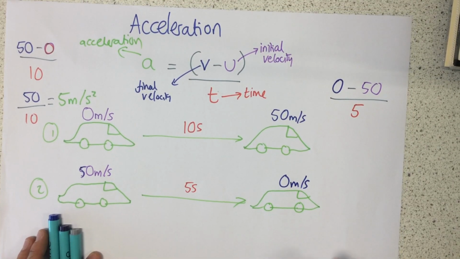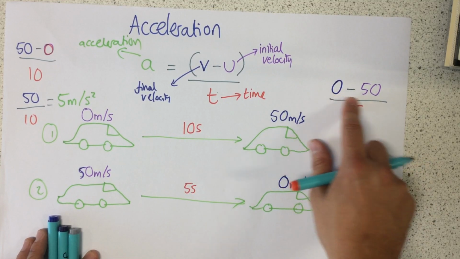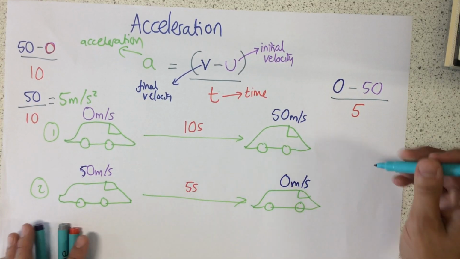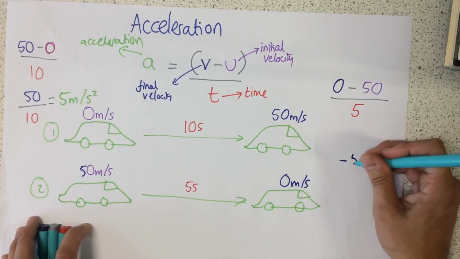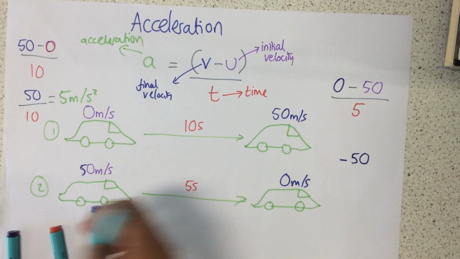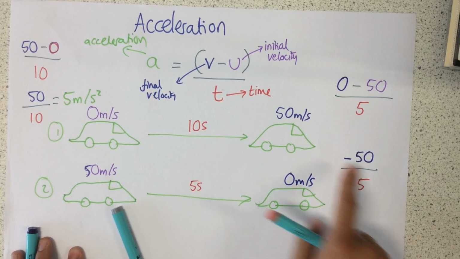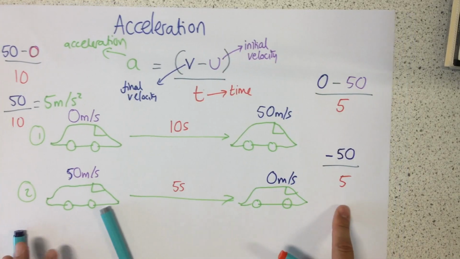seconds. Okay? Now, be careful with this bit here. We can see that it's 0 take away 50. So on top, we're going to have minus 50. And on the bottom, we're just going to have 5 because it's taken 5 seconds for it to slow down.